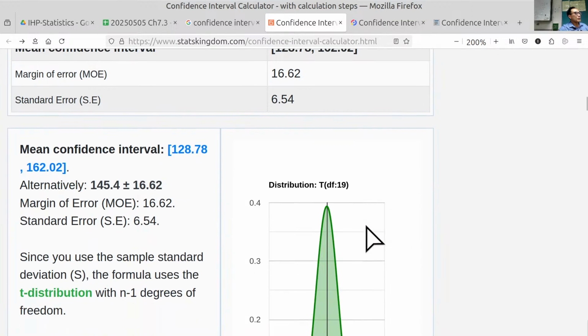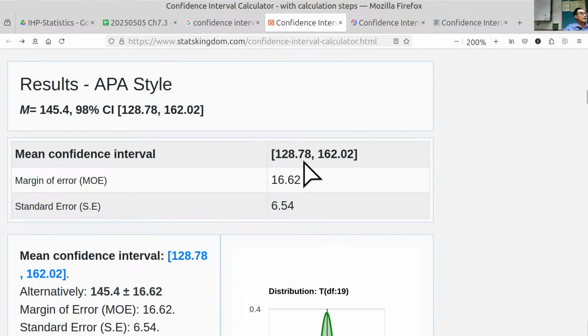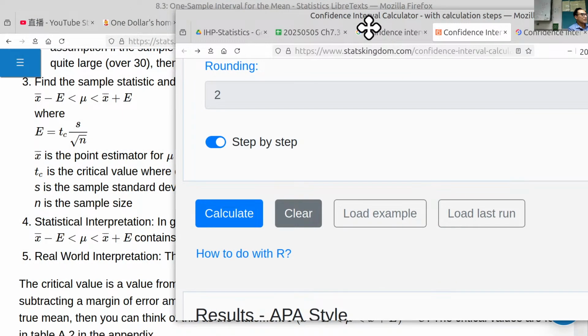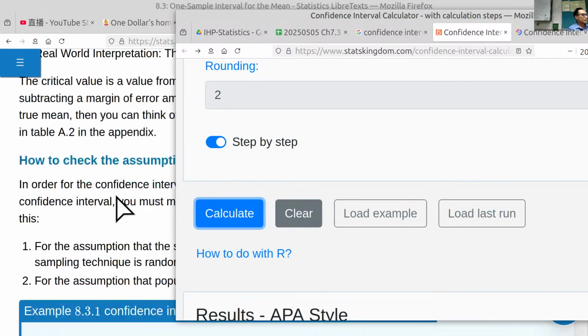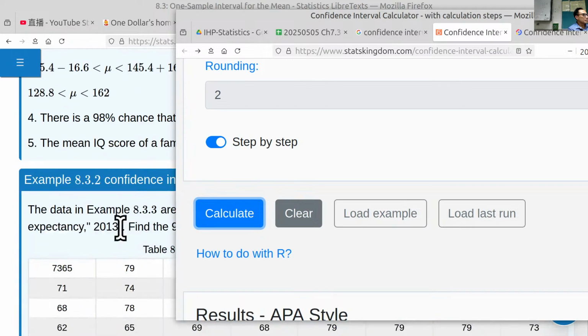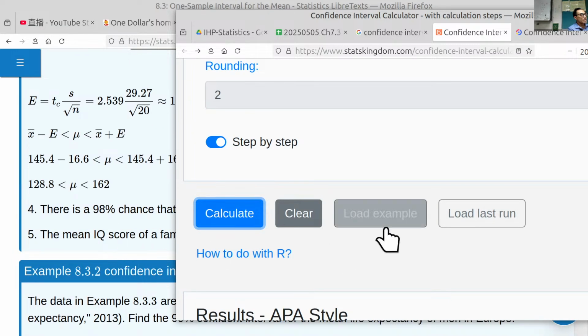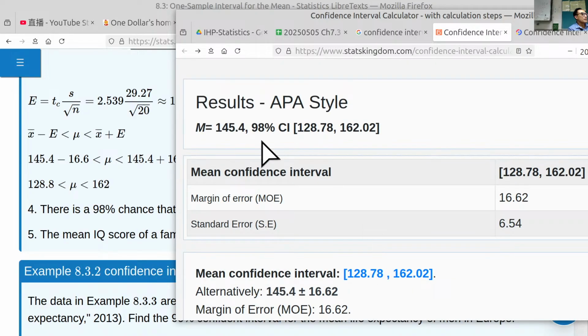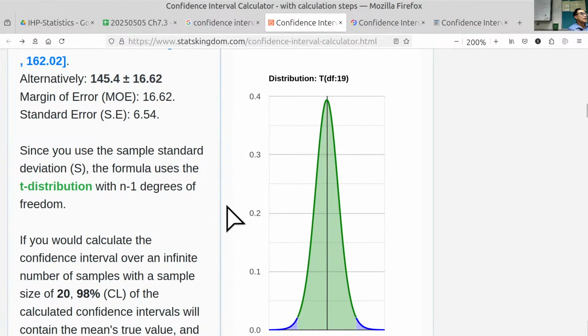After I calculate, we got the information like this. See, the same confidence interval, 128.75 and 162.02. So you can use this one.